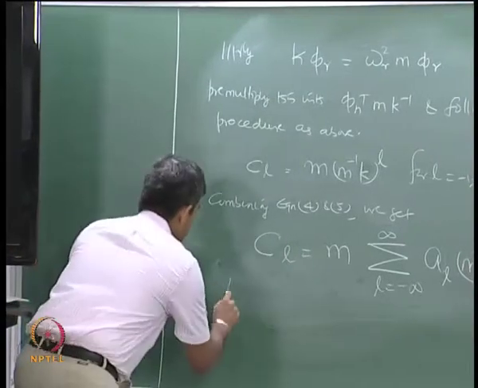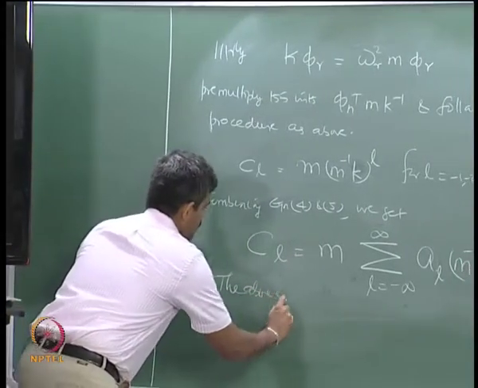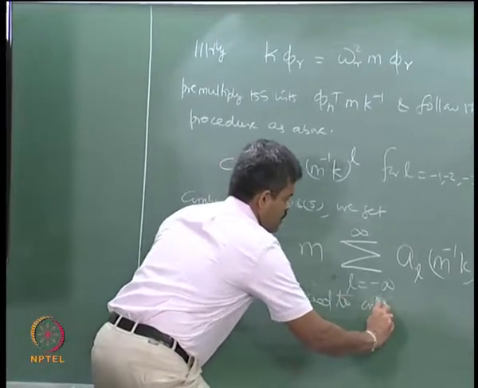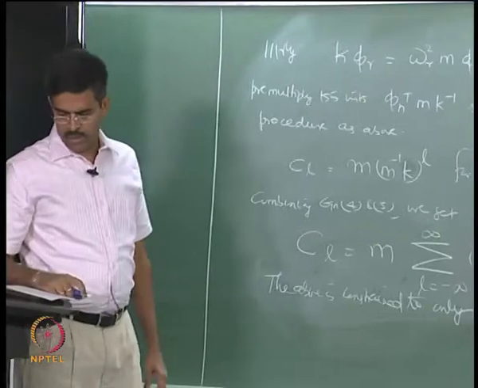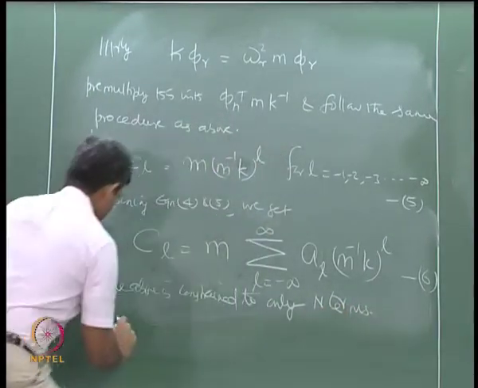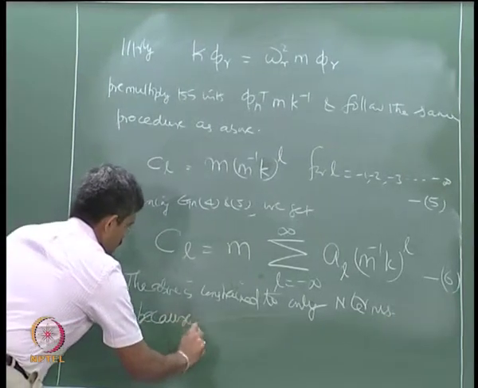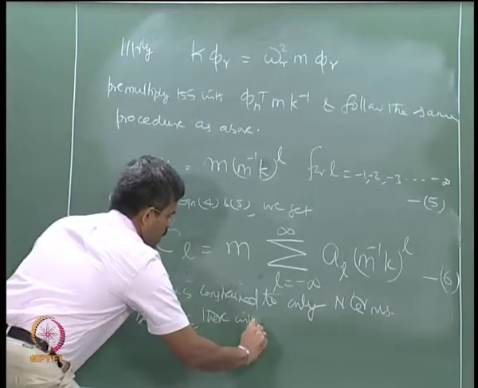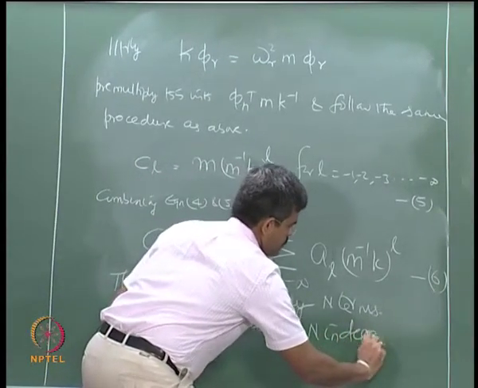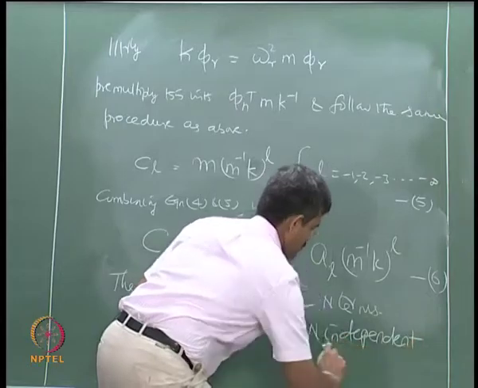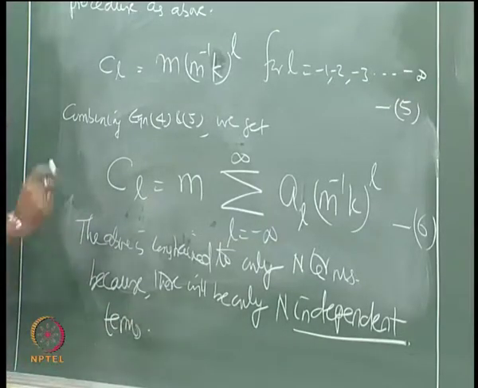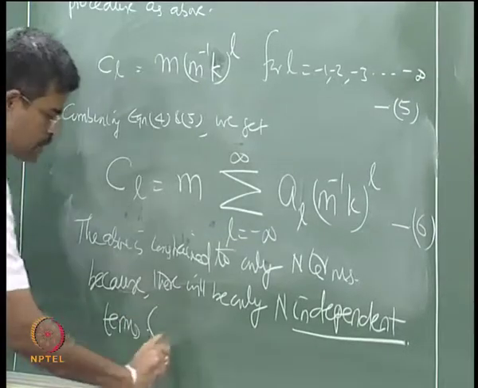So, the above equation is constrained to only n terms, because there will be only n independent terms. I will give you the reference, you can please see the reference later.